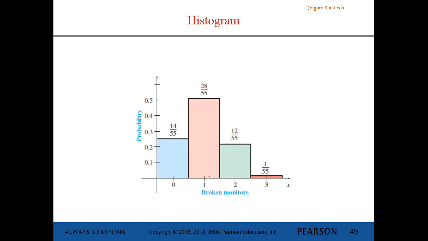Notice that the probability of having 0 broken monitors is 14 out of 55. Then having 1 broken monitor, 2 broken monitors, or 3 out of the 4 monitors being broken. This is an example of a histogram for that example.